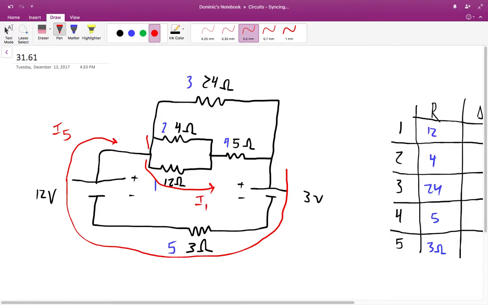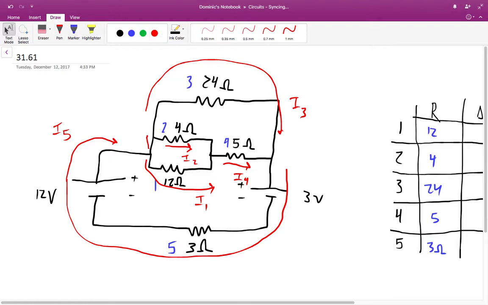The current could also go through resistor number 3. We can call that I3. The next pathway it's going to take is into I4. Or it could have gone down this resistor, I sub 2.